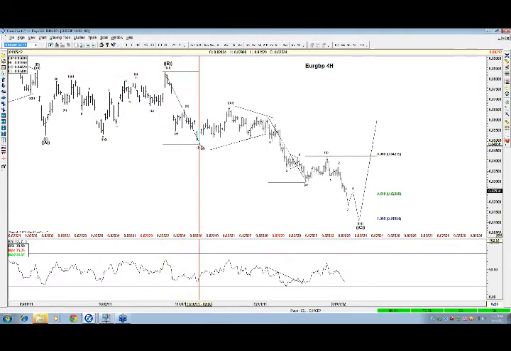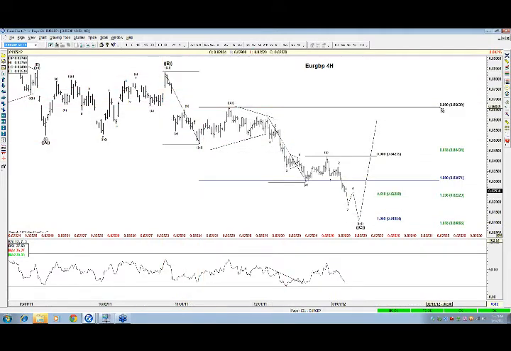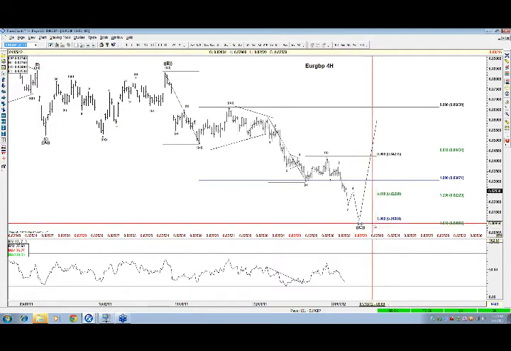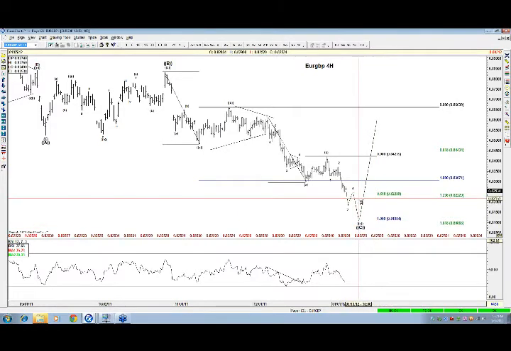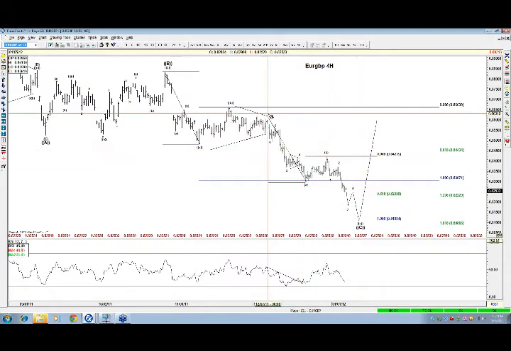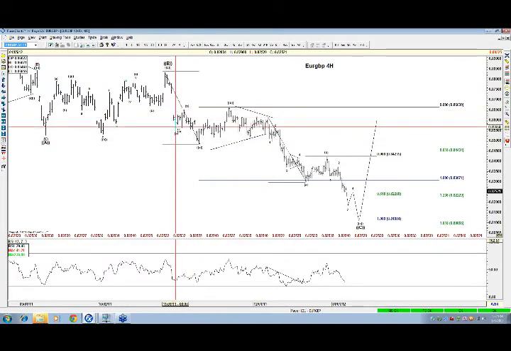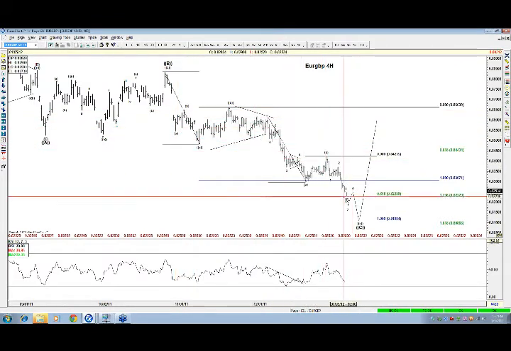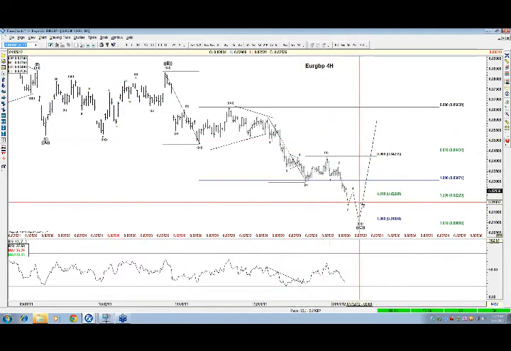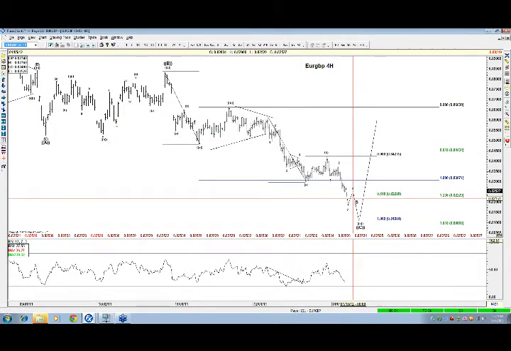Now, these two need to be related also because they are a higher degree. It comes at 82.29, which is also the area where this one is going to be exactly the 618 of this one, at the 82.20 area. That's a very interesting level there.